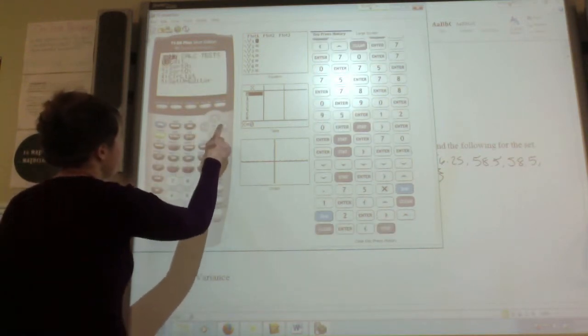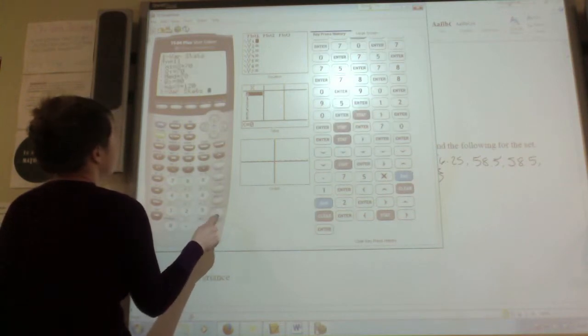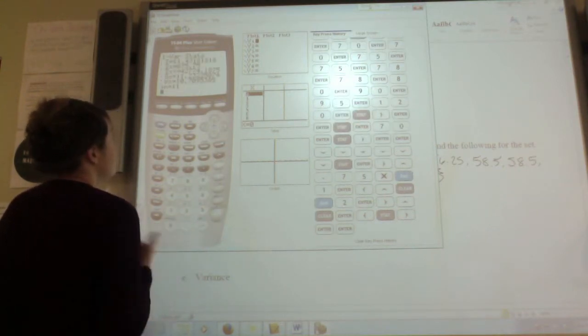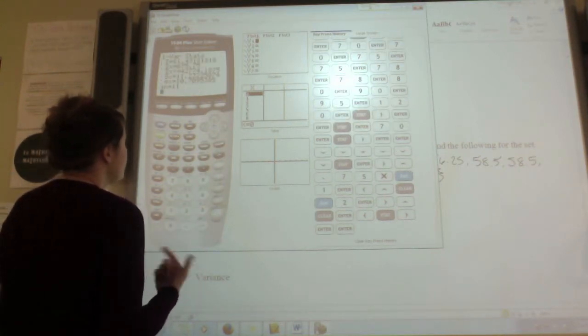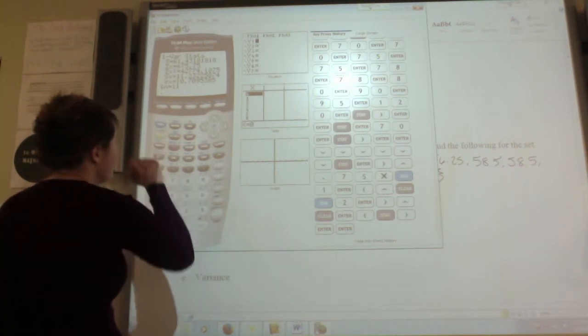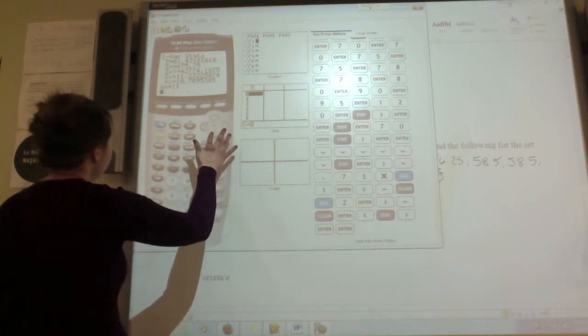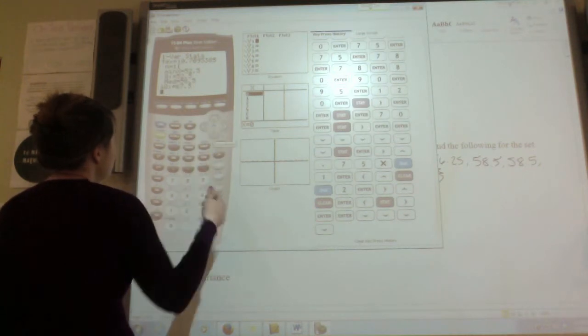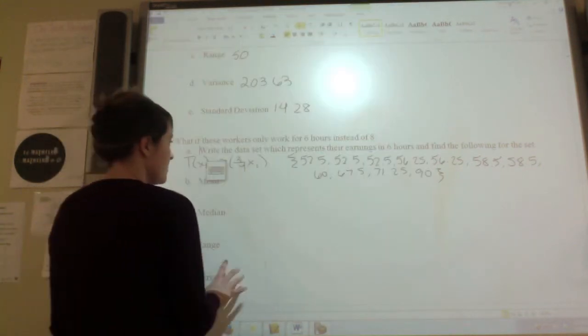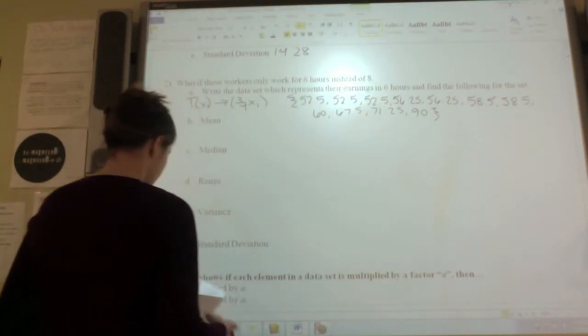Now I'm just going to go to my stat, calc, and do my one variable statistics again. So now my mean is 61.43, my standard deviation is 10.71. If I go down, my median is 58.5. I'm just going to fill those in.